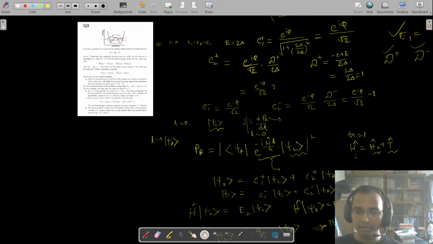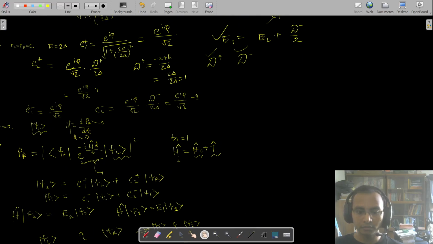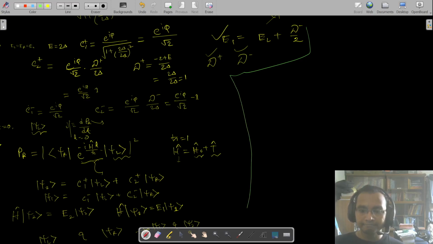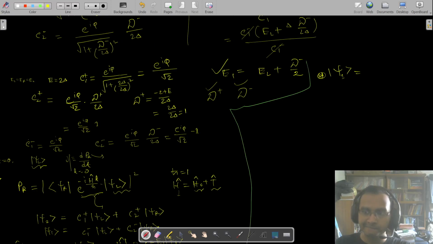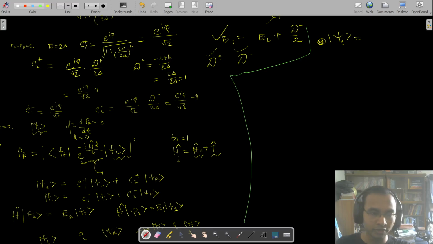So in order to do that, let's write down psi 1 and psi 2 in terms of psi L and psi R. So for psi 1, the coefficient should be this.